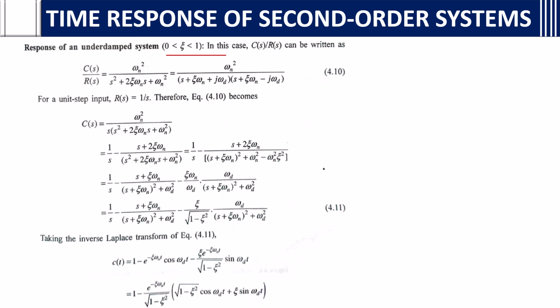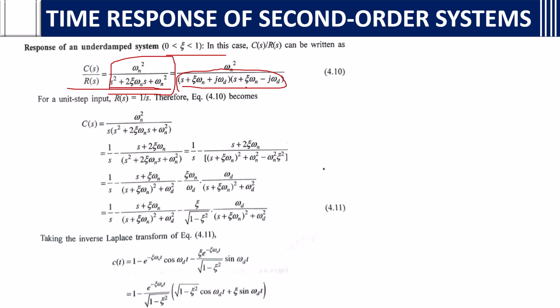In this case, C of s by R of s is the transfer function. If you consider it this way, s plus zeta omega n plus j omega d into s plus zeta omega n minus j omega d, and if you multiply this, you again get the same equation.